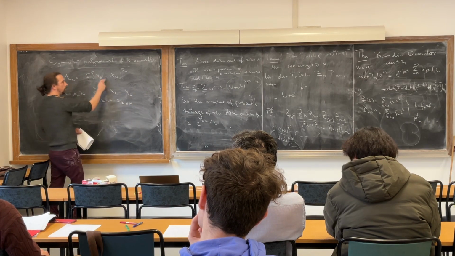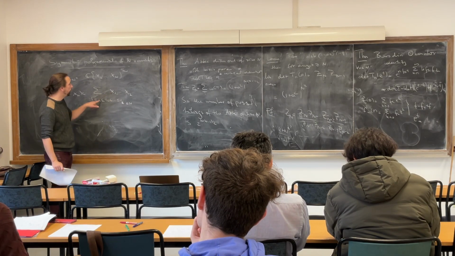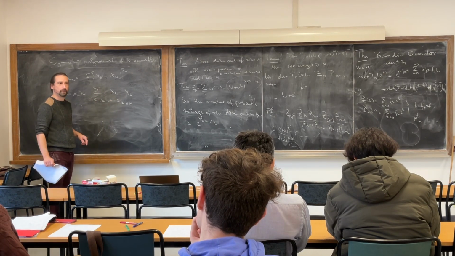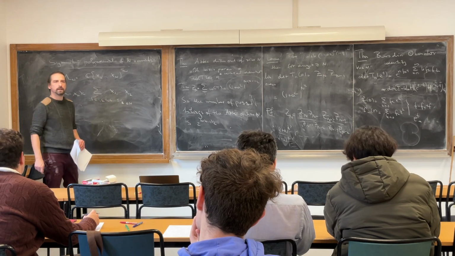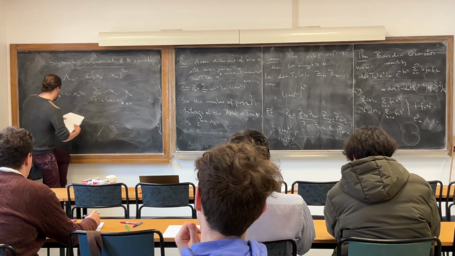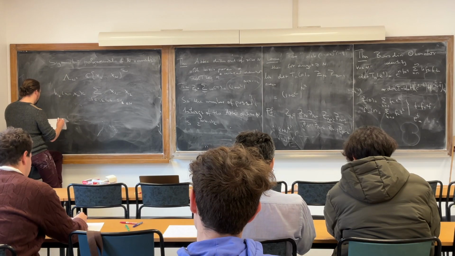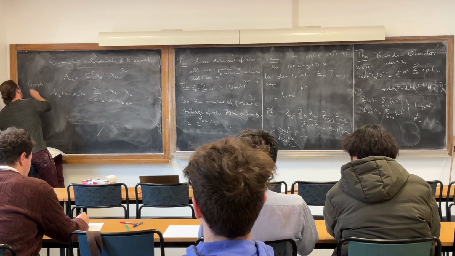I just take products of x's, but they don't have to be different, so I could also take powers. But if I write it as a sum, it will automatically be symmetric. And these are called the complete symmetric polynomials.